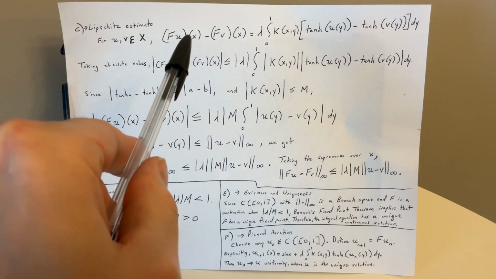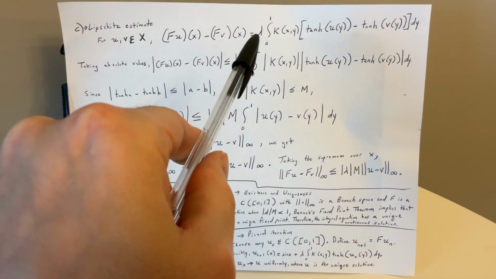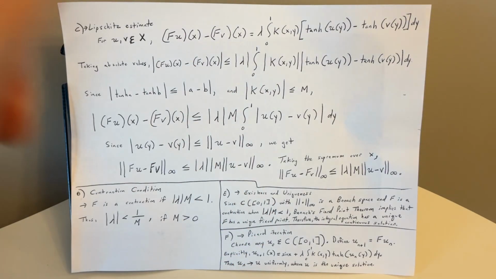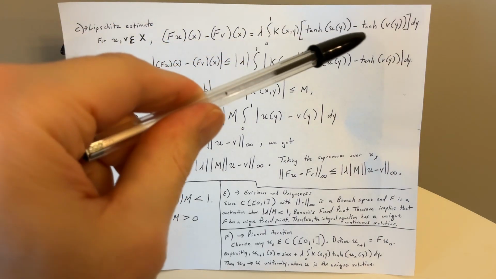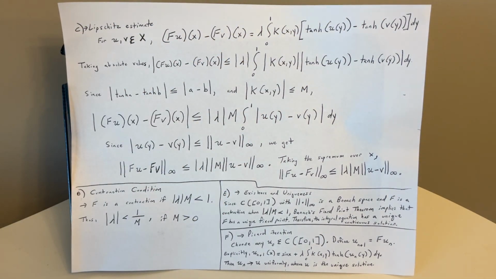F u of x minus F v of x equals lambda times the integral from 0 to 1 of k of x, y times the quantity hyperbolic tan of u of y minus hyperbolic tan of v of y, dy. So single variable integration there, just dy.